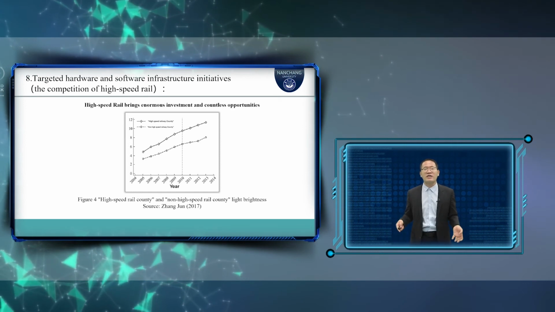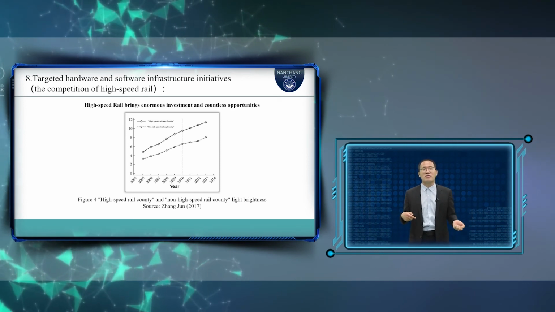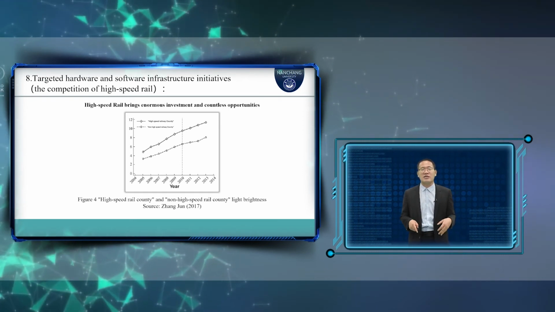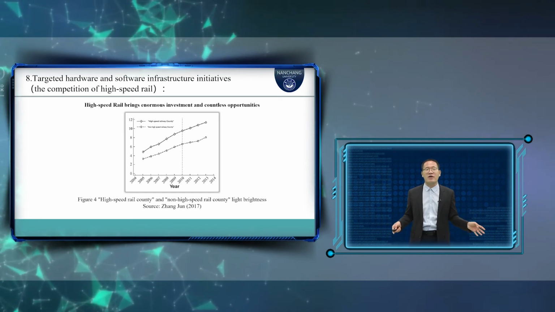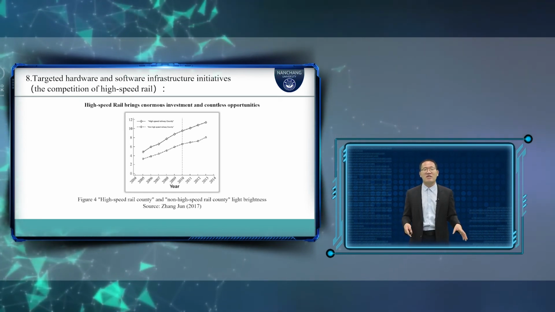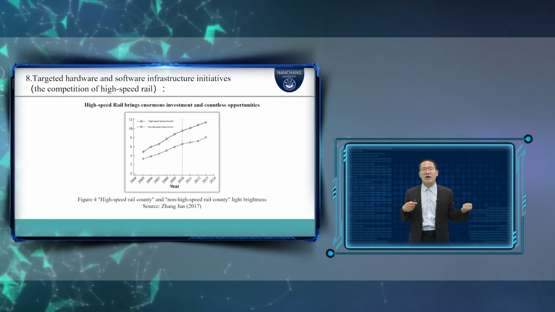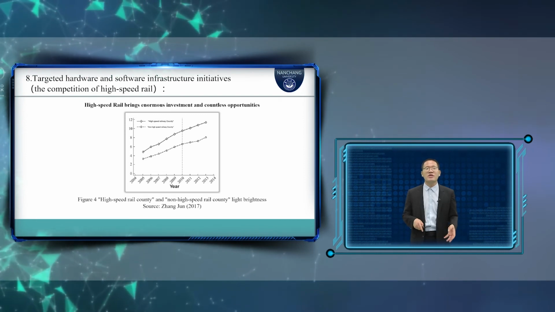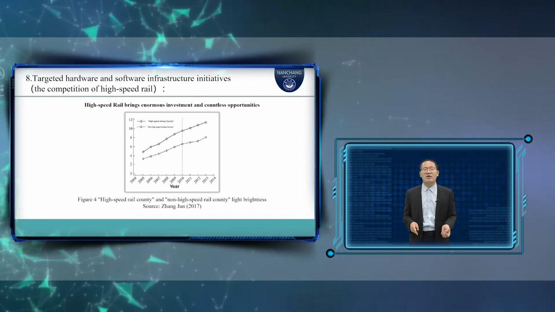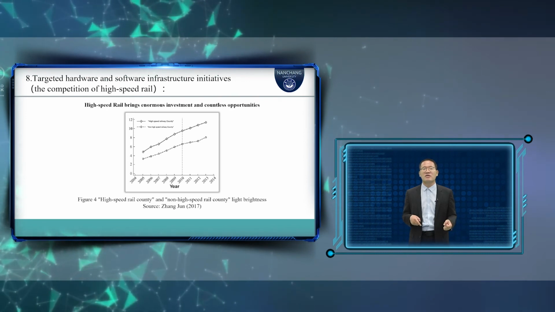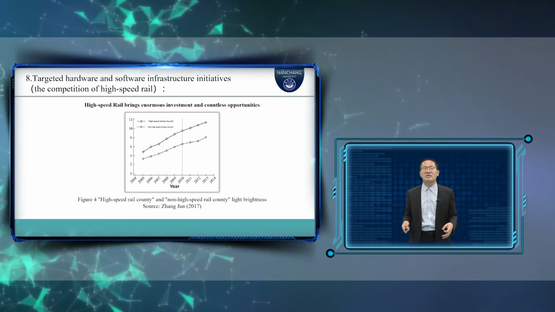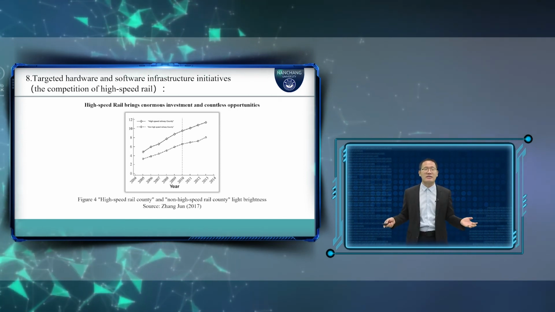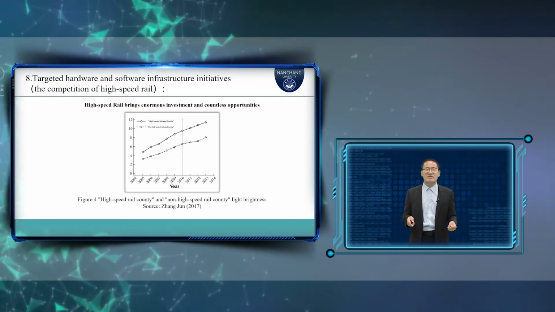Taking the high-speed rail as an example, since 2008, due to the opening of high-speed rail, many counties in China said farewell to the history of no railway station. Zhang Jun, 2017, selected counties that opened high-speed rail for the first time from 2008 to 2013 as the treatment group and used the matching multiple differences method to examine the impact of high-speed rail opening on the economic development of high-speed rail counties.